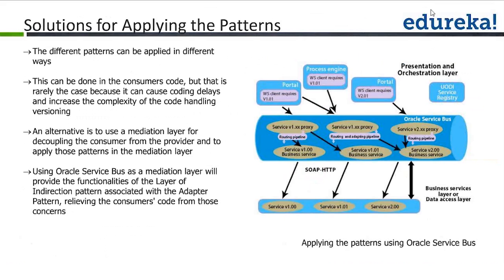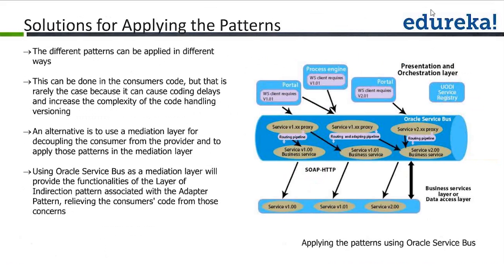But there is something extra which this adapter is doing in between, which is very interesting for all of you to know. Let's say the client is requesting version 1.x and the provider has a 2.x version available. So what to do? The adapter is so intelligent that it will mock the request within itself.